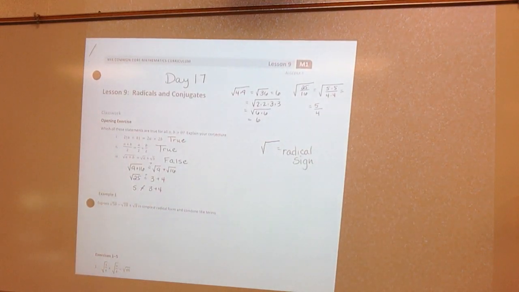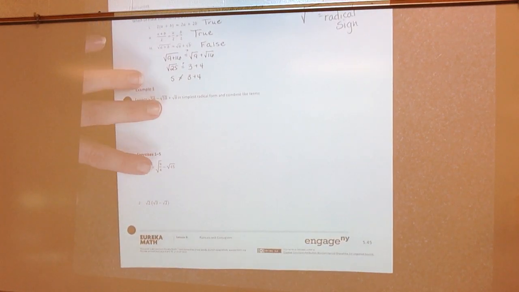When we talk about square root, that is called a radical sign. So an expression is in simplest radical form when the radicand has no factor that can be raised to a power greater than or equal to the index, either 2 or 3. And there is no radical in the denominator.